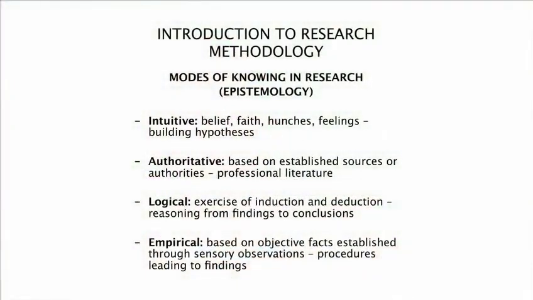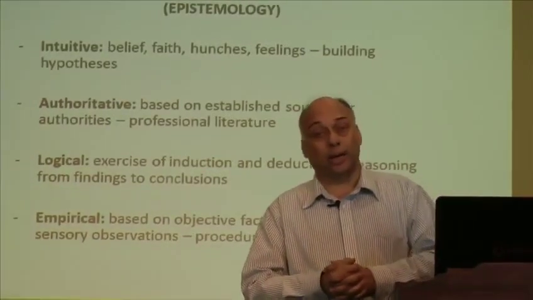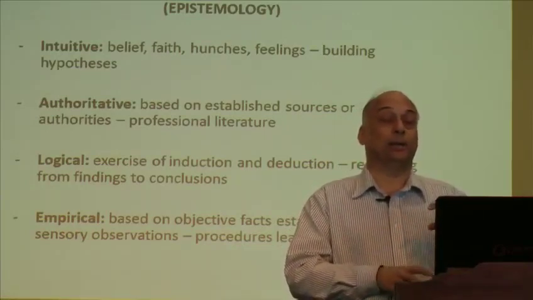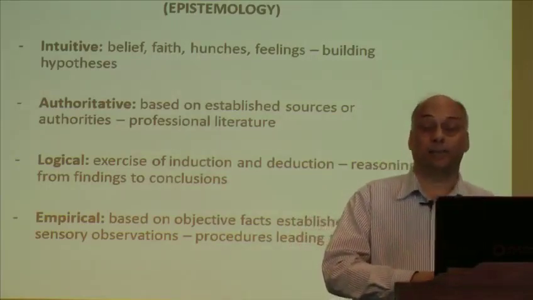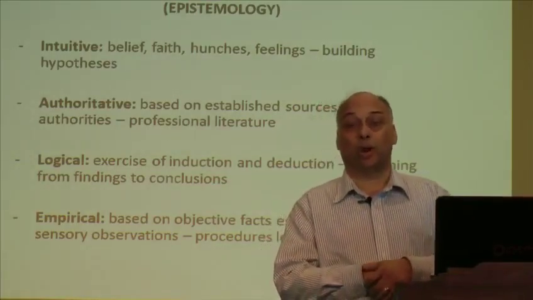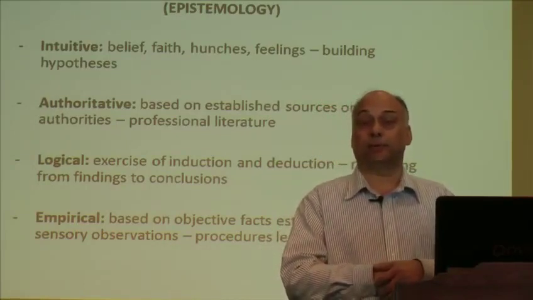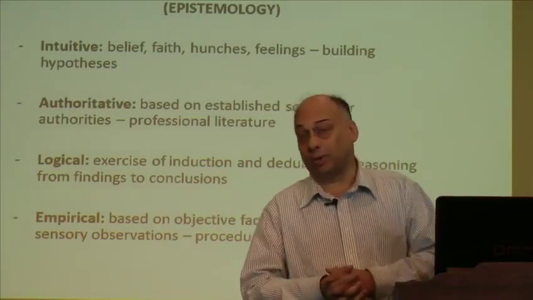Another kind of mode of knowledge, or in epistemology, in the forms of more modes of knowing, is authoritative knowledge. Authoritative knowledge is based on established sources or authorities, such as professional literature. Authorities, again, don't necessarily need to be scholarly. You may have somebody with a lot of practical knowledge, somebody who has much experience, and that person's authority comes from his or her experience.